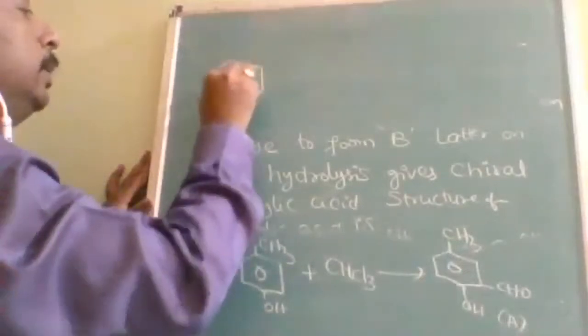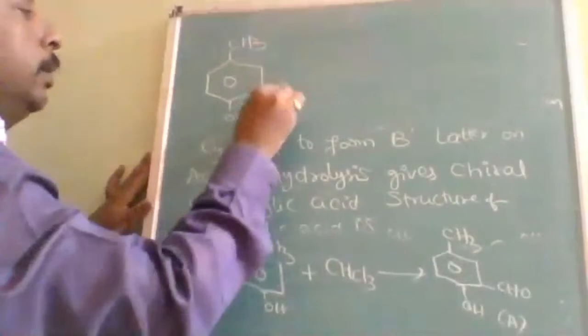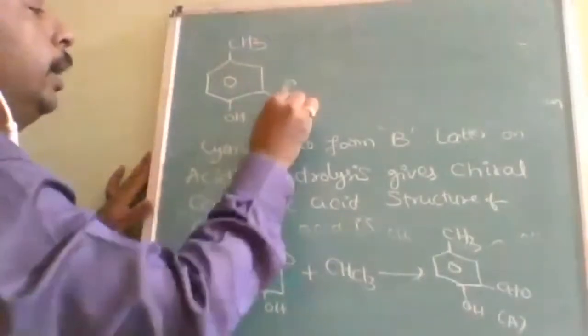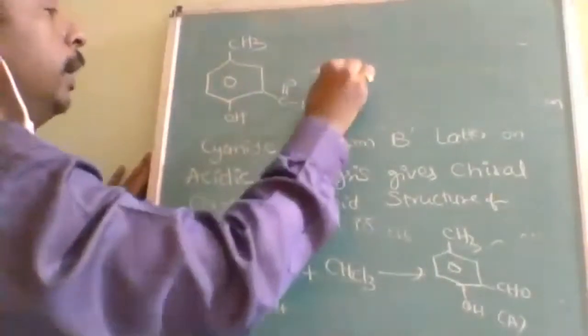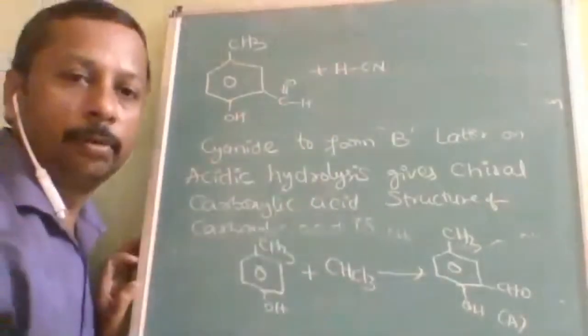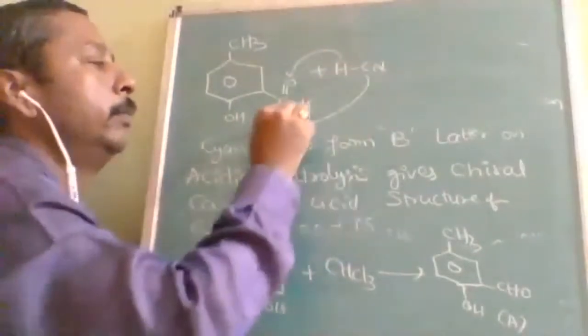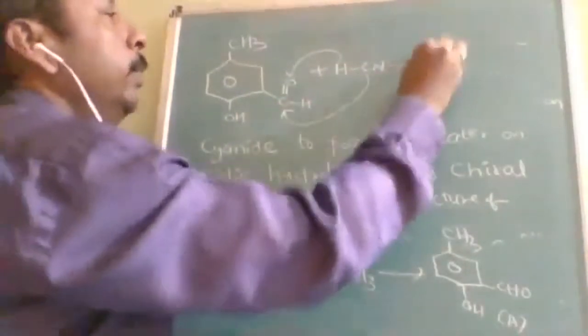This is benzene with methyl group, OH and CHO. It is a nucleophilic addition reaction. Hydrogen will go here, CN will go here. What will be the product?